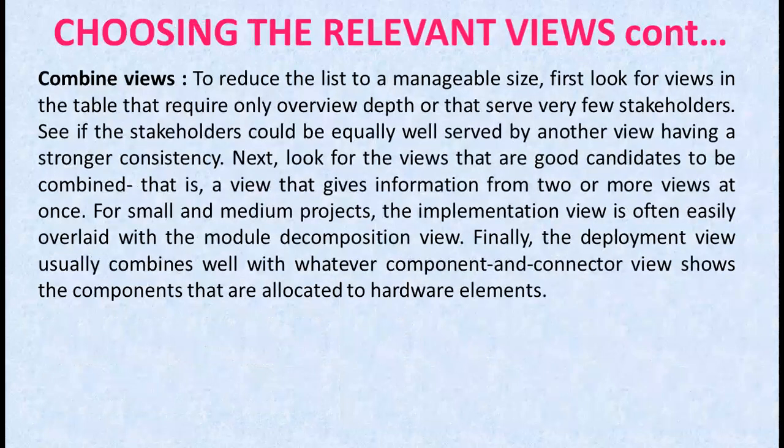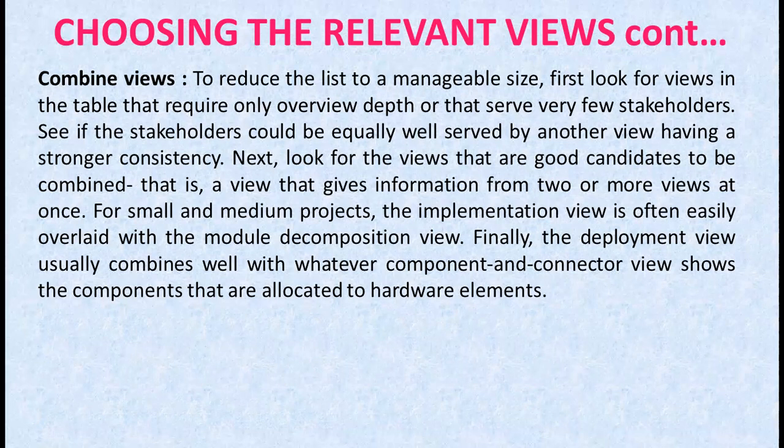Now coming to the second one, that is combining views. The list from step 1 is likely to yield an impractically large number of views, so this step is used to reduce the list to a manageable size.